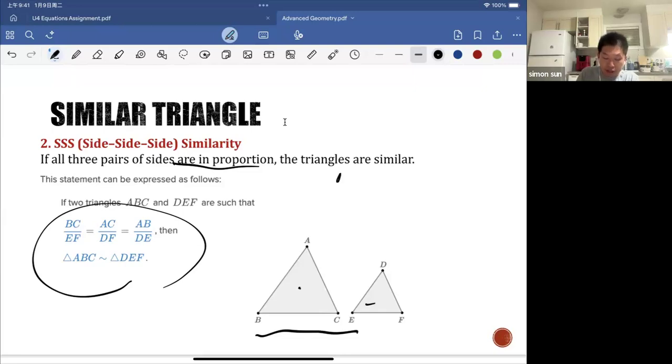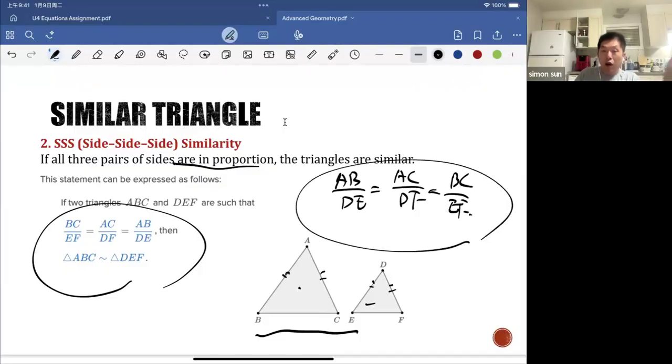So if we have AB over DE equal to AC over DF equal to BC over EF, all three sides are in proportion, so we prove the two triangles are similar.